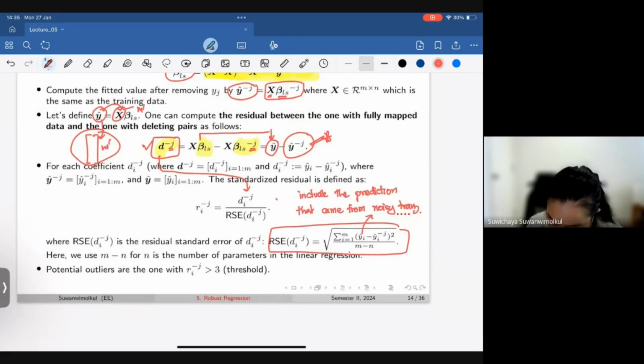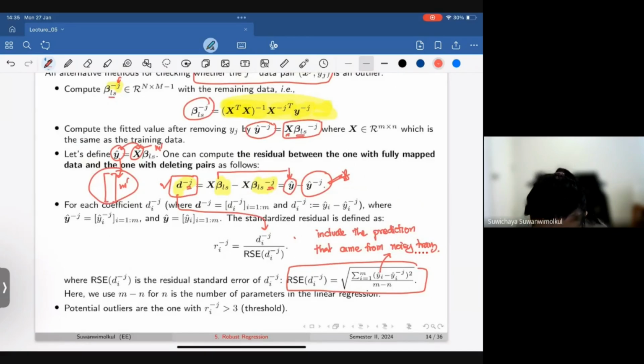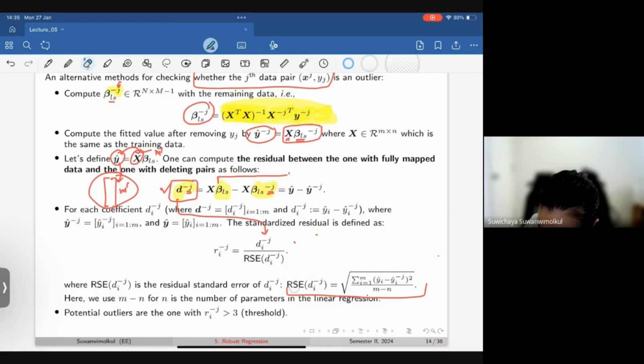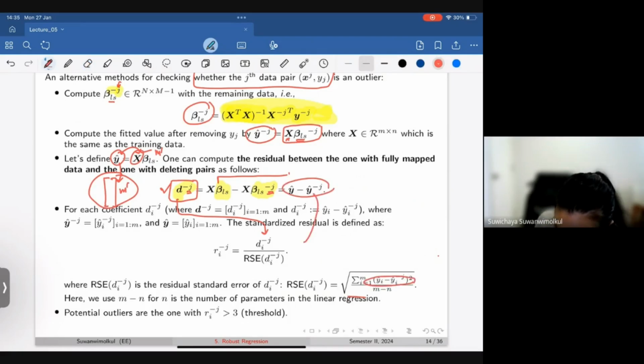So that means dj already includes the effect of having noisy and noiseless data. So yes, both of them are the same. They're just normalizing. Actually, with this, I'll put it this way.